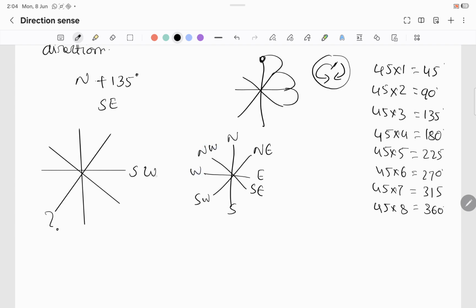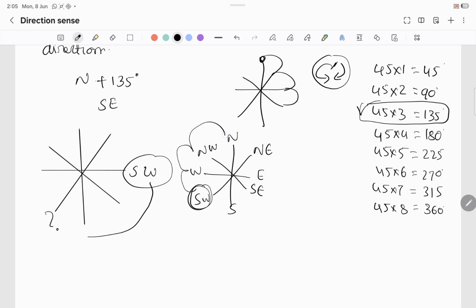Southwest is given in the question, and from there the question mark. Going anti-clockwise we need to cover 5 sectors, but clockwise we need only 3 sectors, which is easy. 3 sectors indicates 135 degrees. So from southwest, clockwise 135 degrees, 1, 2, 3, indicates north. So this is north.